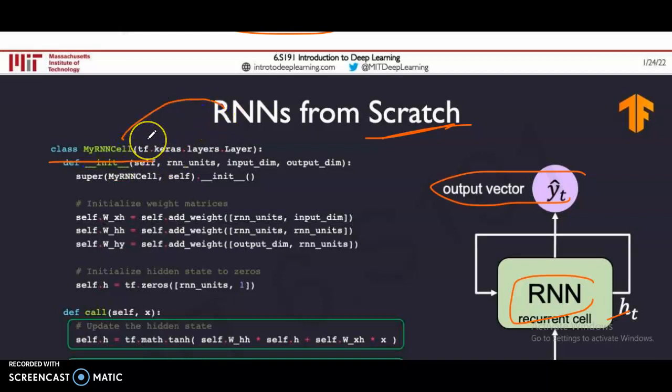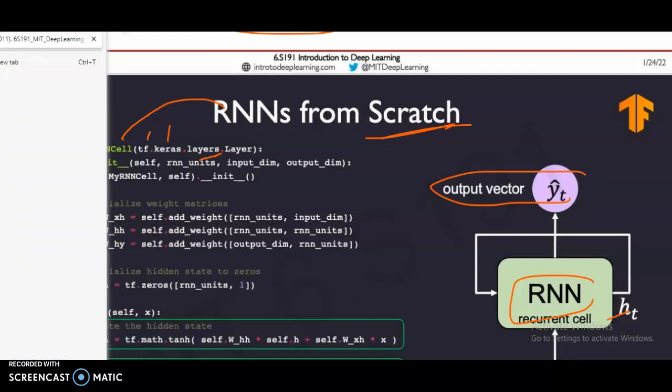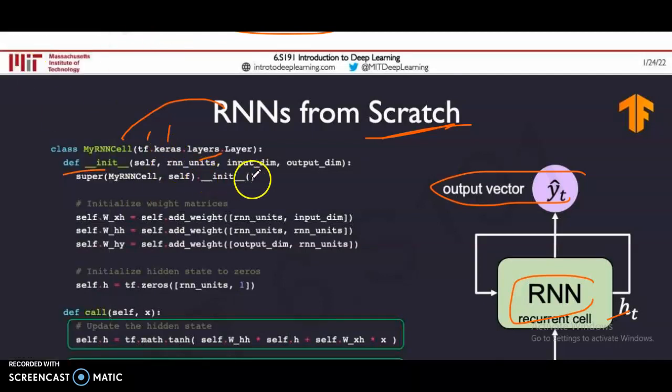This is TensorFlow, the Keras library, layers.Layer. Start with the TensorFlow definition: self, rnn_units, input_dim, output_dim. Then super(MyRNNCell, self).__init__().